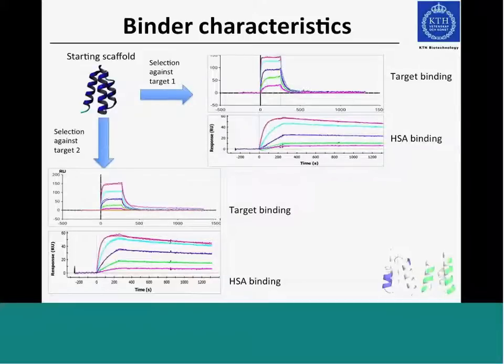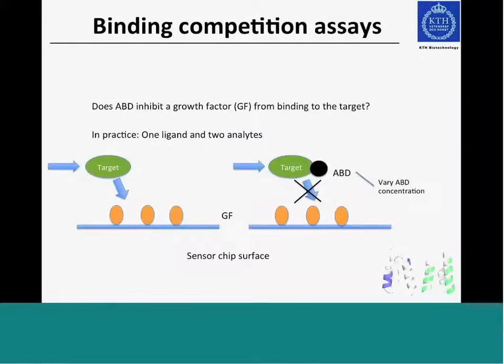Okay. So further on, we wanted to evaluate the epitopes that the binders bind to. So we wanted to check if they can compete with the natural growth factor that binds to the target.